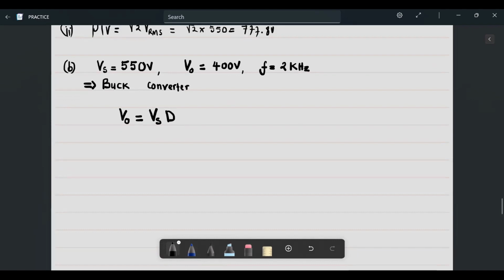This is the relationship that we know for a buck converter, step down chopper. And we know that duty cycle, by definition, is a ratio between what? The on period of that cycle divided by the total time period.